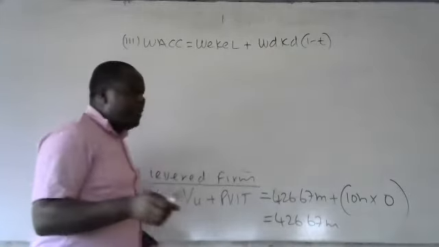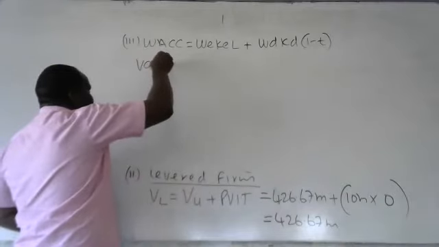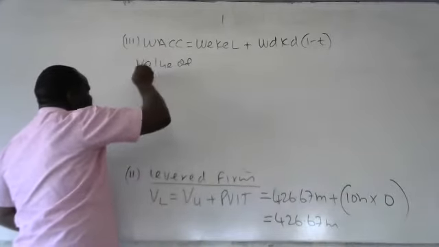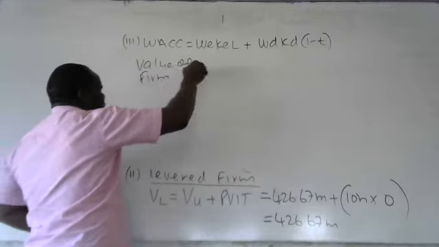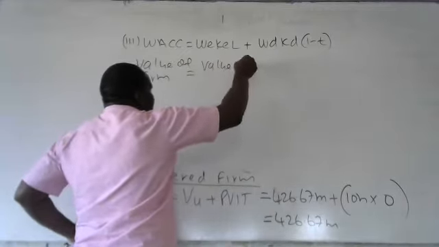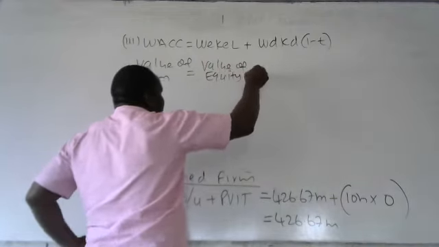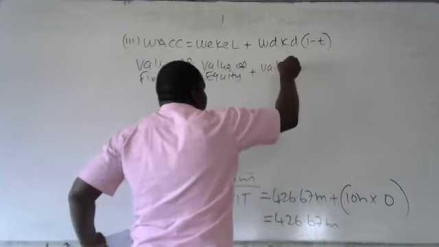To get those weights, we say that the value of the farm should be equal to the value of equity plus the value of the debt.